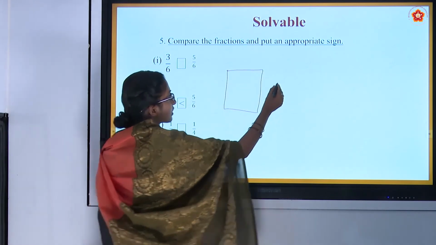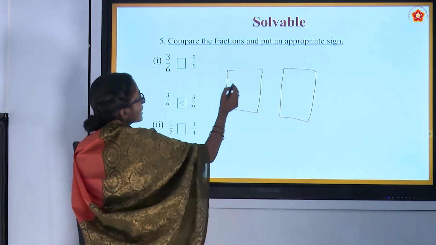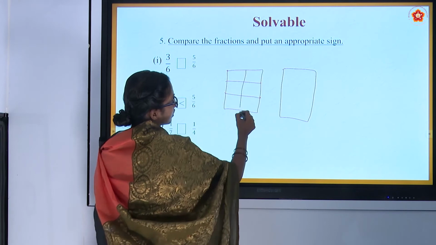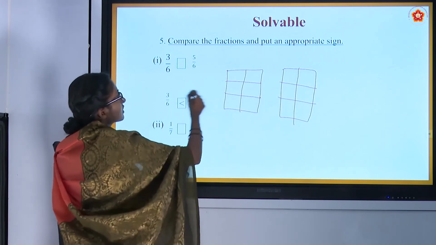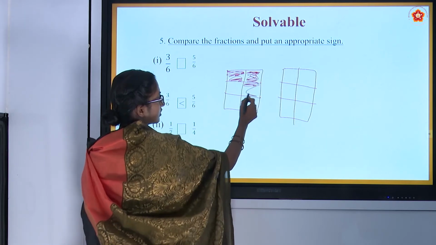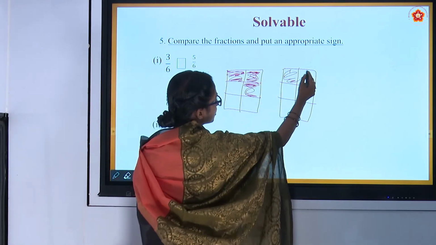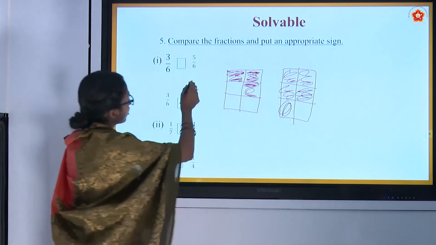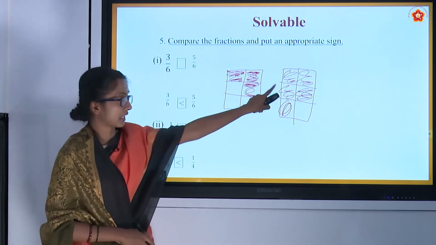We'll take the example of a rectangle again. 3 by 6, whole is 6. 6 parts are there, 1, 2, 3, 4, 5, 6. 3 are going to be shaded, 1, 2, 3. Other 3 remain. In 5 by 6, 1, 2, 3, 4, 5 are shaded.